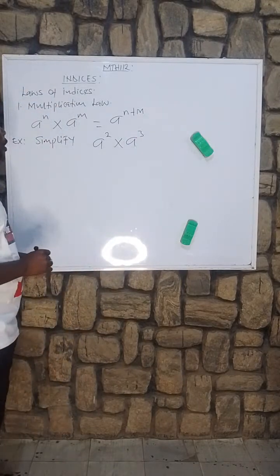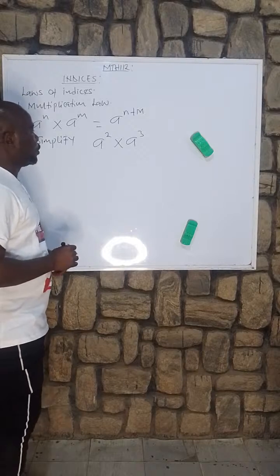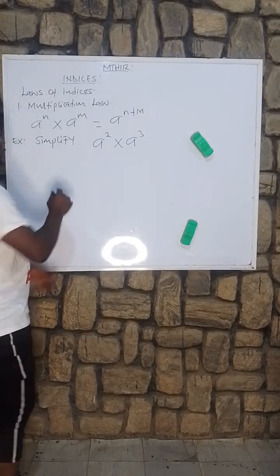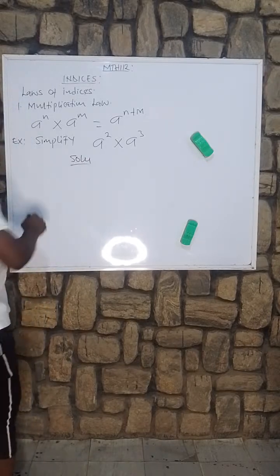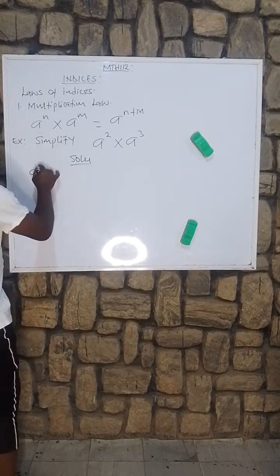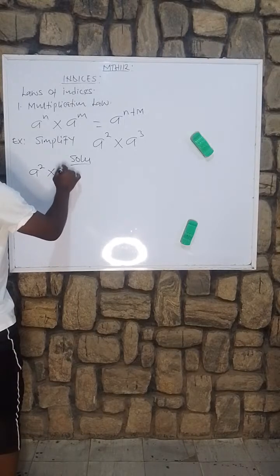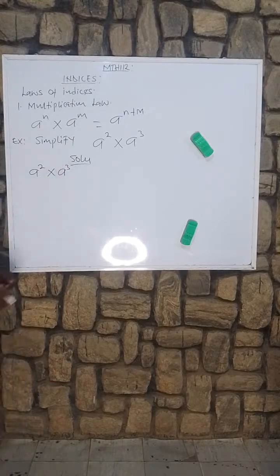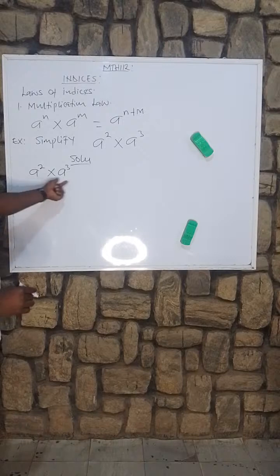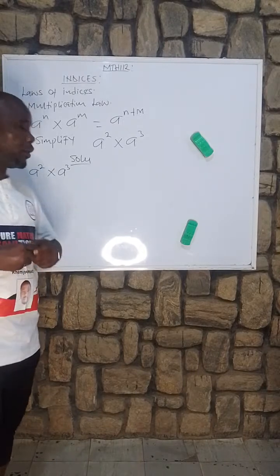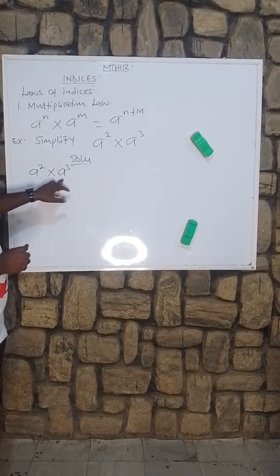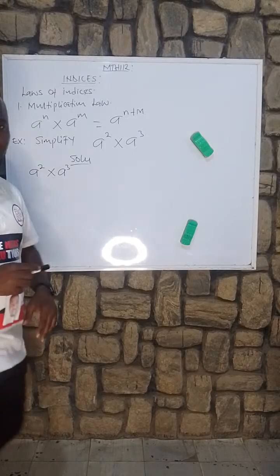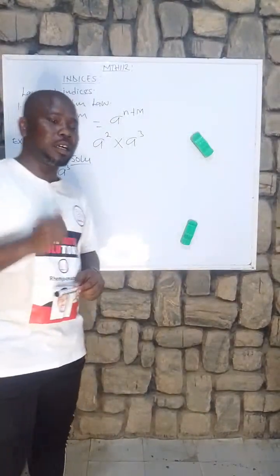So you can now see that at this point, at first you write solution, then write the expression. When you come across questions like this, at first you need to identify where this question is coming from.